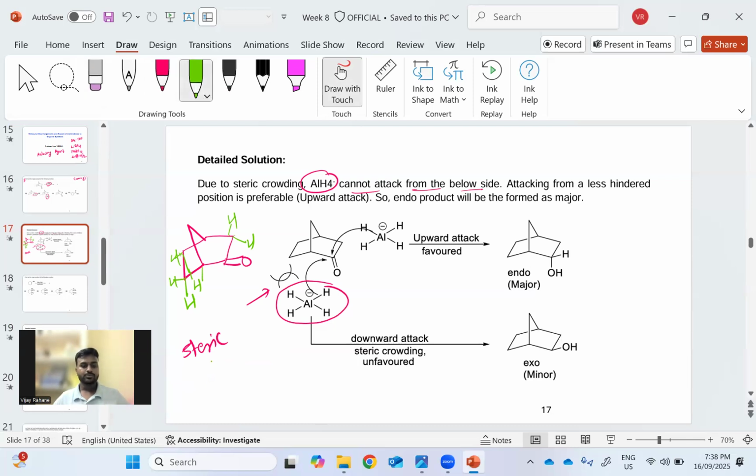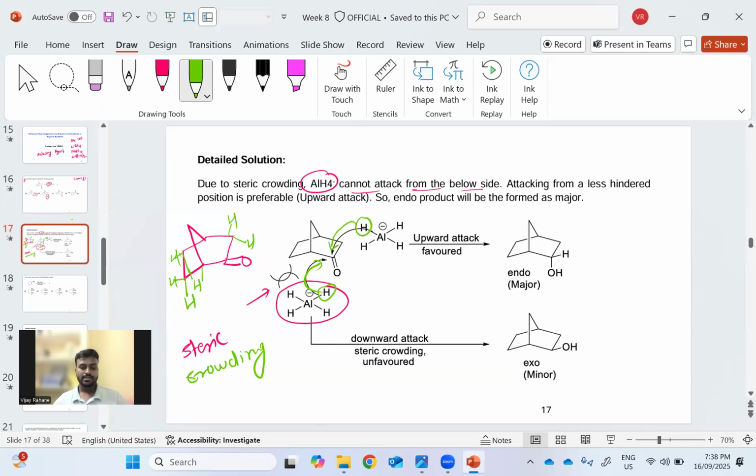If it is lone pair and negatively charged repulsion, that time we can use the word repulsion. But here, due to the steric crowding is the best word. And due to the steric crowding, the hydride attack on the downside will be difficult. So the hydride attack on the upside is more favorable here.